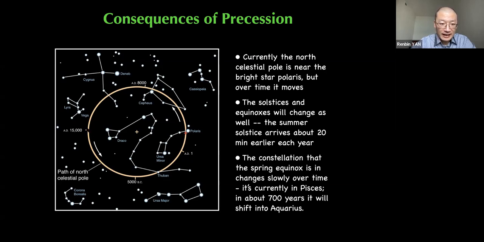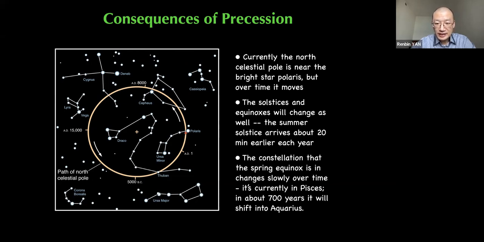And then in another 7,000 years, when it's 15,000, it will be close to the constellation Lyra, or Vega. And if you go back in history as well, because this is a periodic motion, if we go back 7,000 years, this is 5,000 BC, this is where the rotation axis of the Earth is. So in different historical times, the rotation axis of the Earth is pointing at different constellations, and this is going to cause what stars we see to change in the sky.